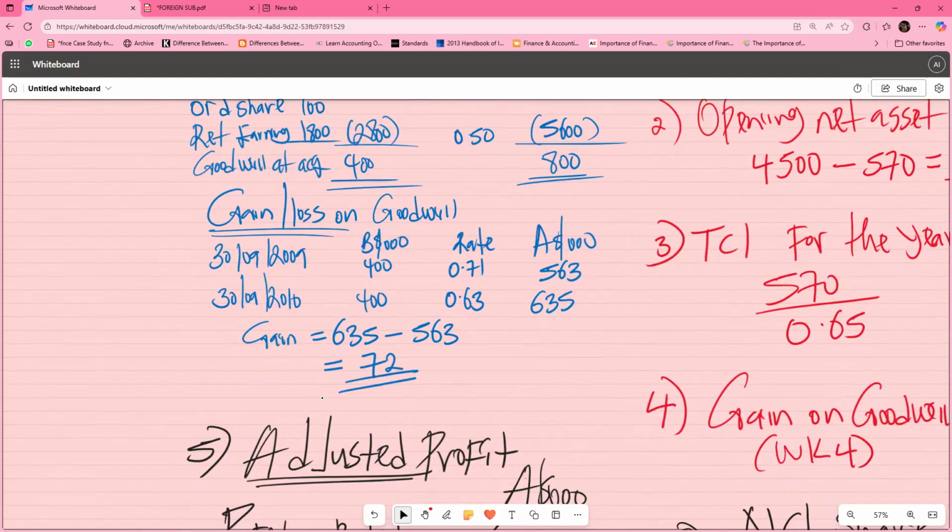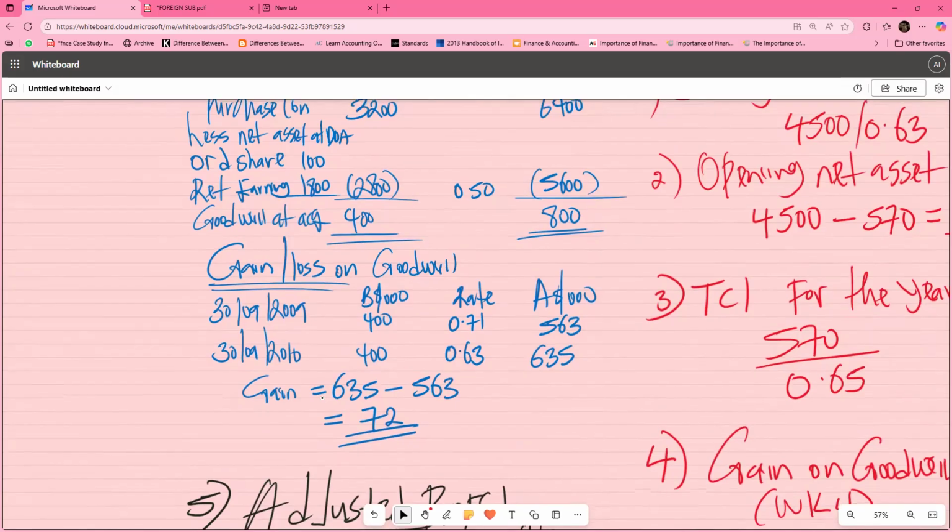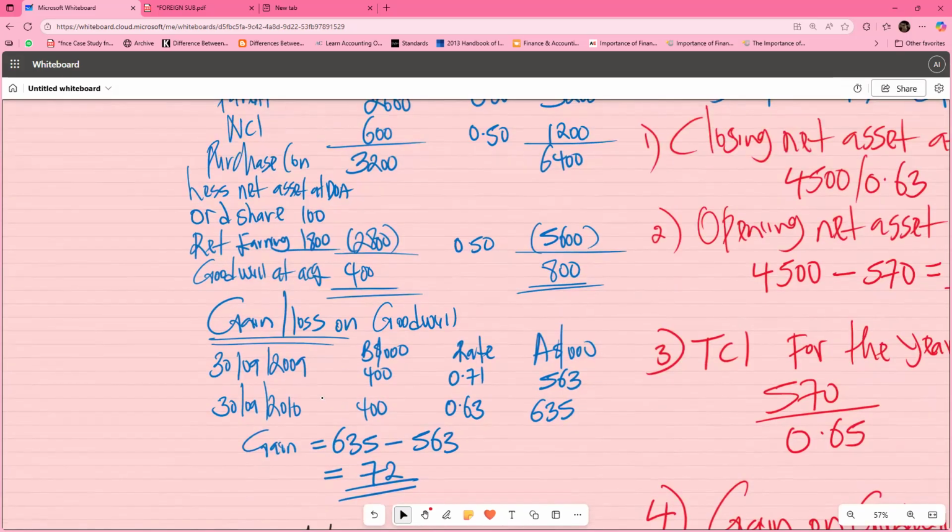You can see now that the goodwill before it was 563, and now it is 635. As at 30th of September 2009, it is 563, but as at 30th of September 2010, it is 625.